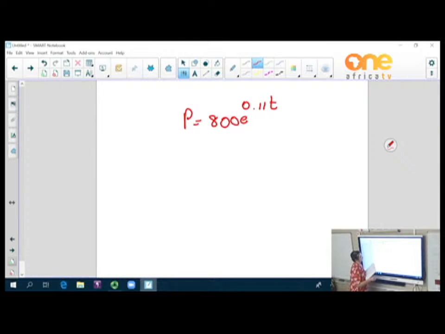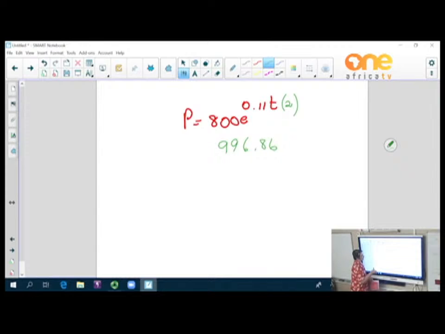Calculate after 2 years. So now we're just going to substitute a 2 in the t place, and after 2 years I got 996.86. The population grew up to there. Then how long will it take the population of mud crabs to double?